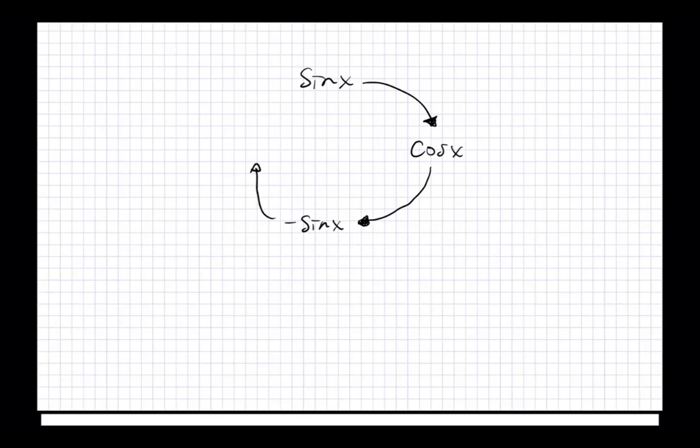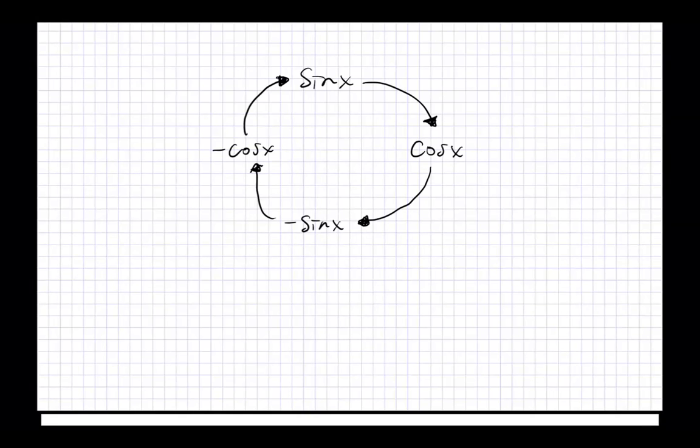Okay, the derivatives of sine and cosine are a wheel. It's a revolving wheel. So we have sine of x, cosine of x, negative sine of x, negative cosine of x, back to sine of x.